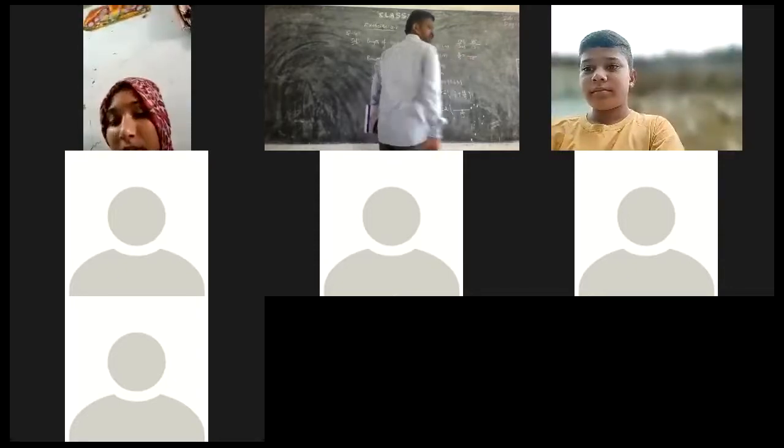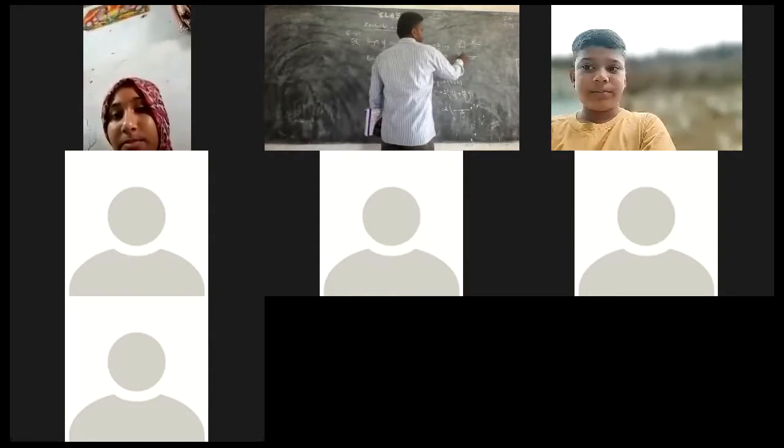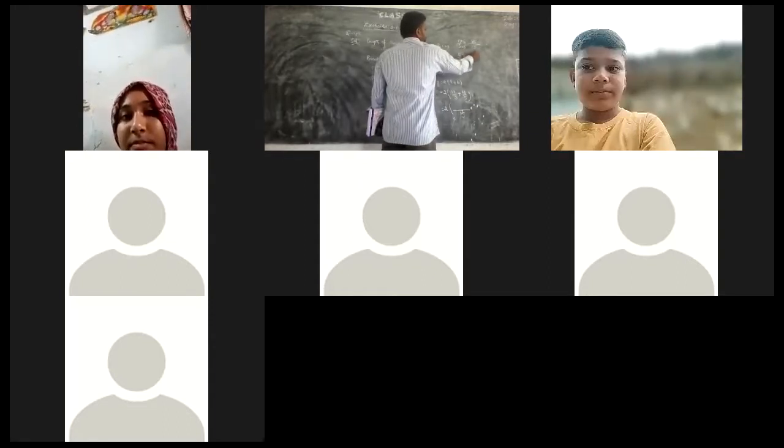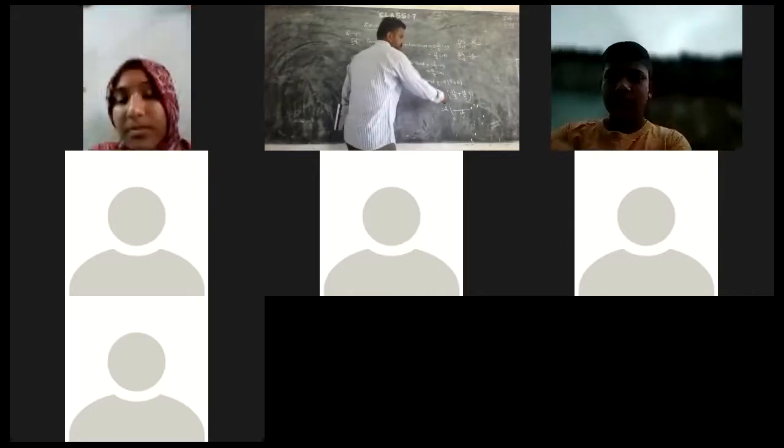Next, 16 by 5. The denominator should be 15. What should be the number multiplied by 5? 3, and here also 3. 3 into 16, 48. So when we write those two fractions as equivalent like fractions, we get 85 and 48.